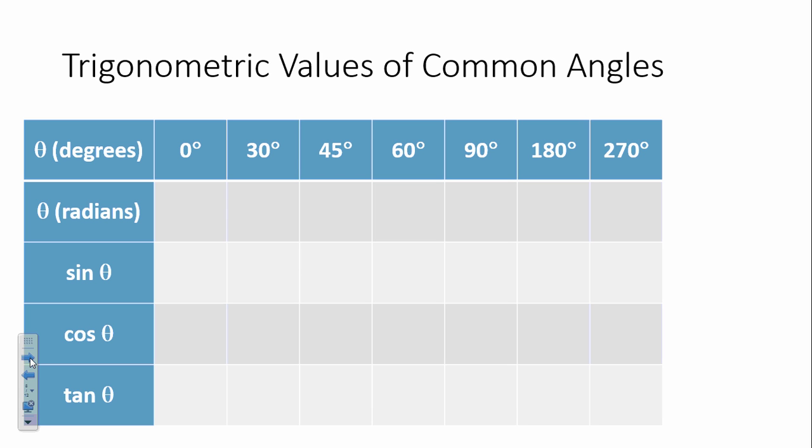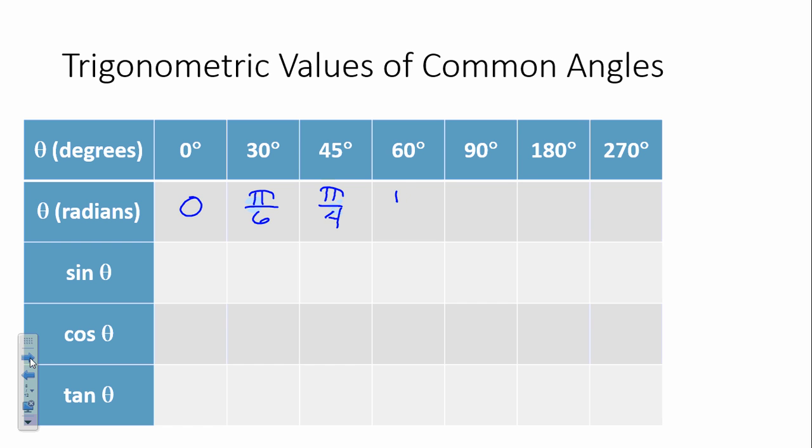0 degrees, 0 radians. 30 degrees, pi over 6. Smallest angle has the biggest denominator. You should know our pi's over 6s, our pi's over 4s, our pi's over 3s, and our pi's over 2s. 45, pi over 4 in radians. 60, pi over 3.